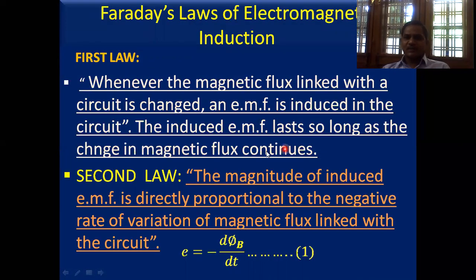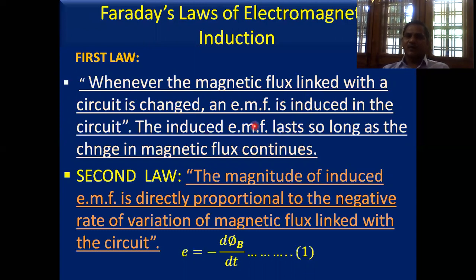Based on these results, Faraday proposed two laws. They are called Faraday's laws of electromagnetic induction. The first law is, whenever the magnetic flux linked with a circuit is changed, an EMF is induced in the circuit. Here the induced EMF lasts so long as the change in magnetic flux continues, right?